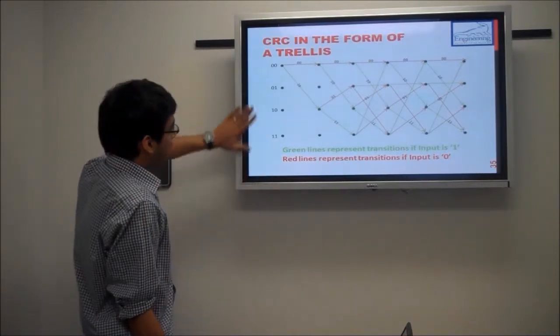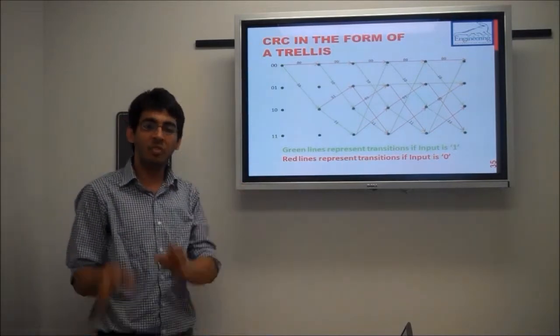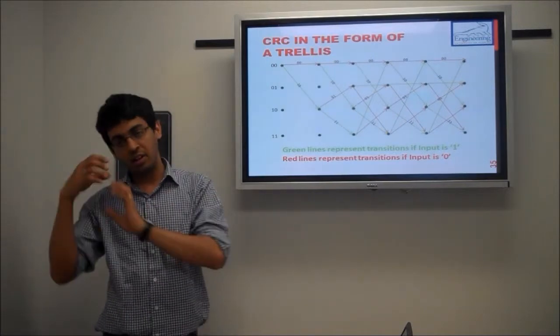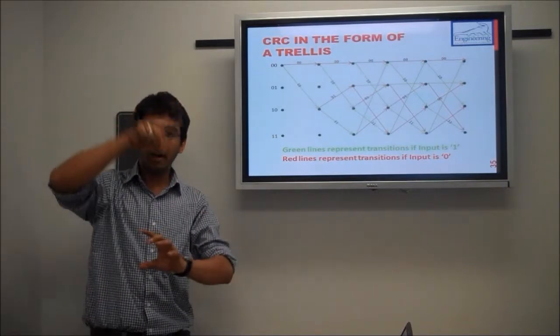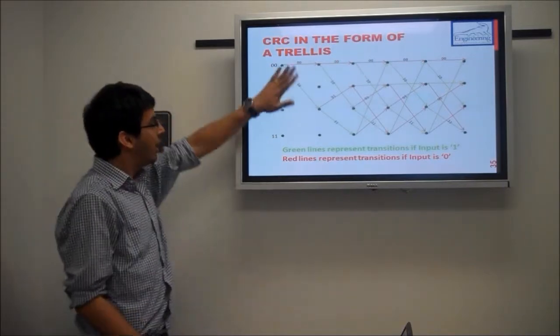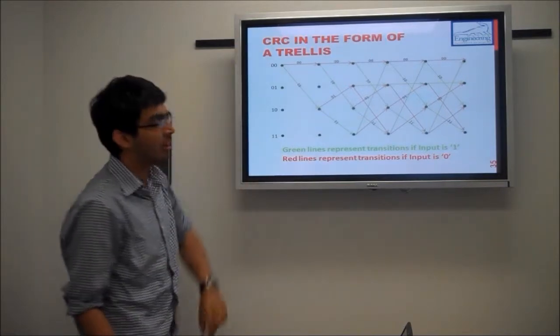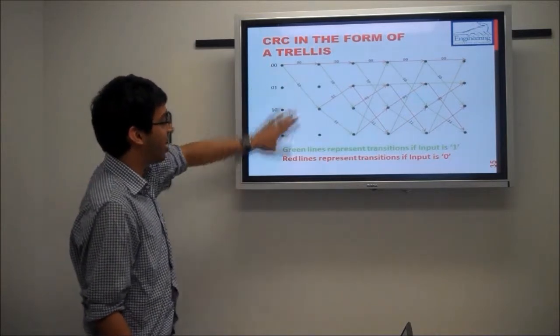So as we know, CRC can be implemented in hardware using some flip-flops and some XOR gates using a feedback loop, where the output of one flop goes into the input of the other one, and then we have a feedback loop, we have an XOR gate. So depending on the kind of generator polynomial we are using, we can actually represent CRC in terms of a trellis diagram.